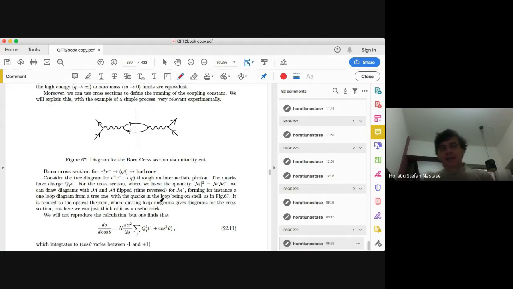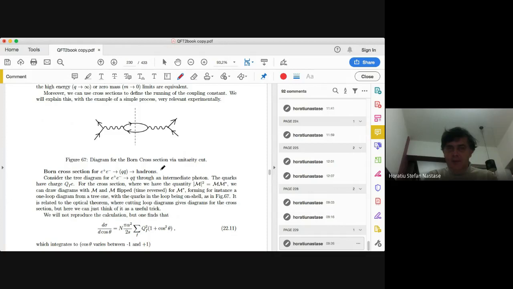As we said, we will define the running coupling constant through the cross section, since that is what one does. So one does experiments, one measures cross sections, and from them one infers the running of the coupling constant. So we will do that as well to see how that works.